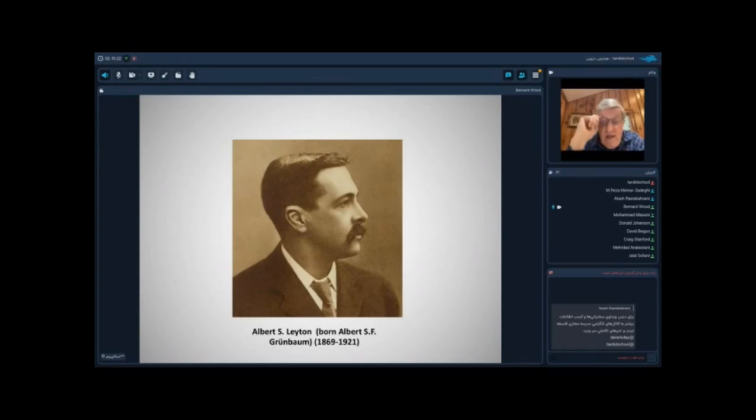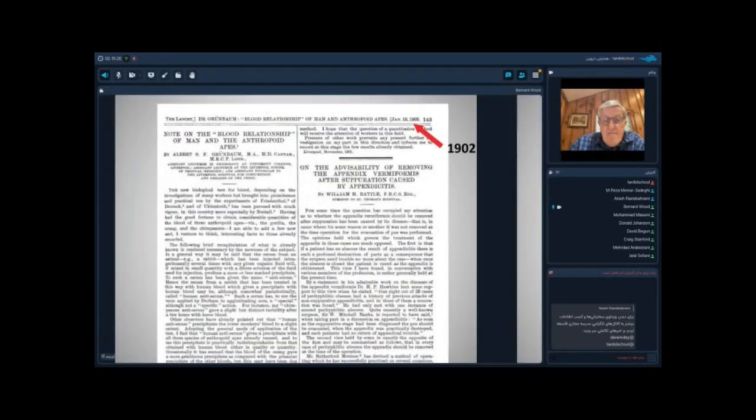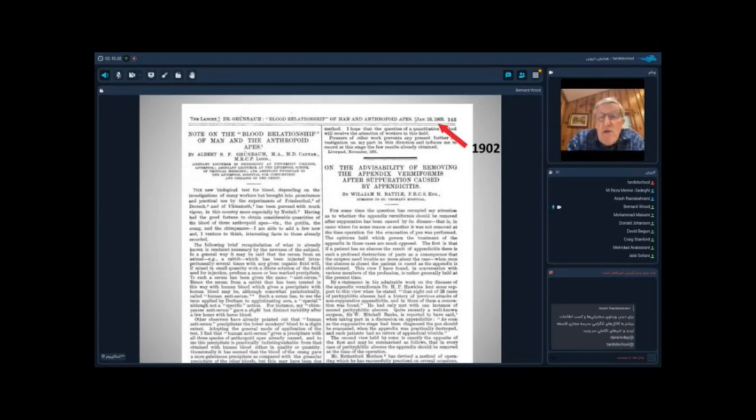And that's probably why his work is not as well known as it should be. In 1902, he wrote a letter to the journal called The Lancet, and it's called A Note on the Blood Relationship of Man and the Anthropoid Apes.